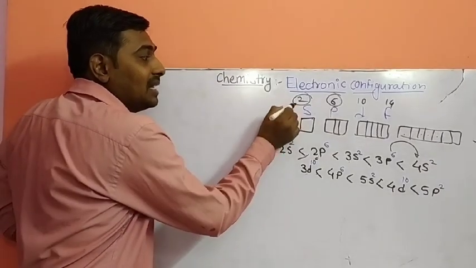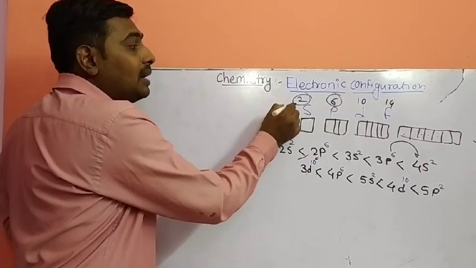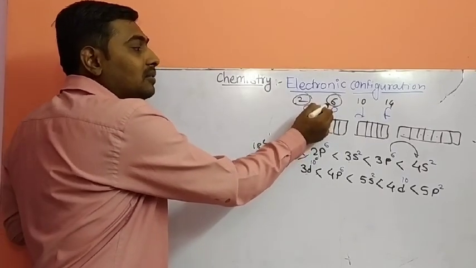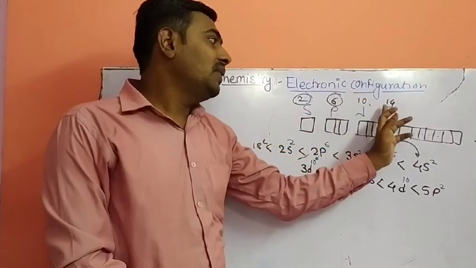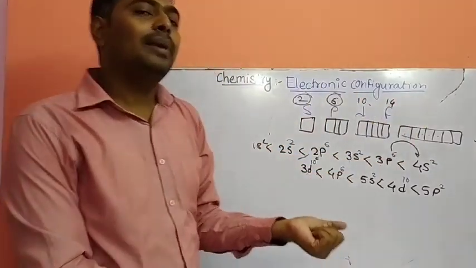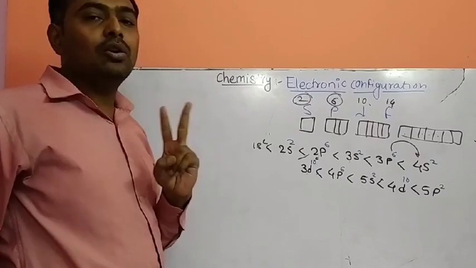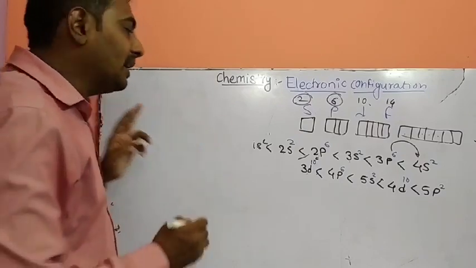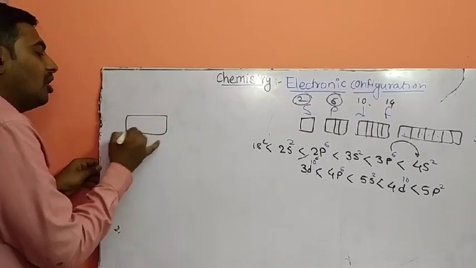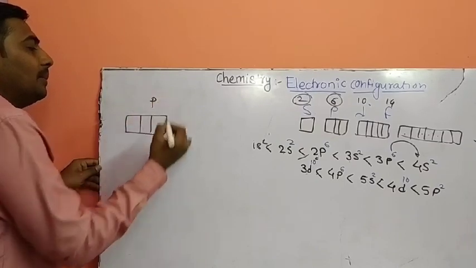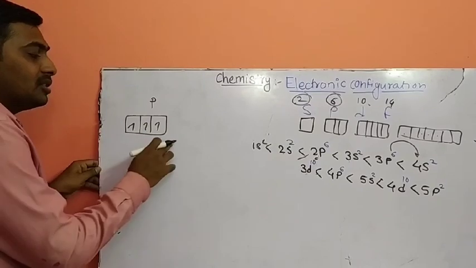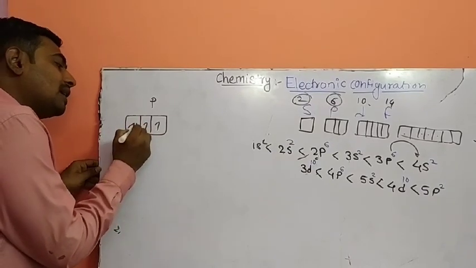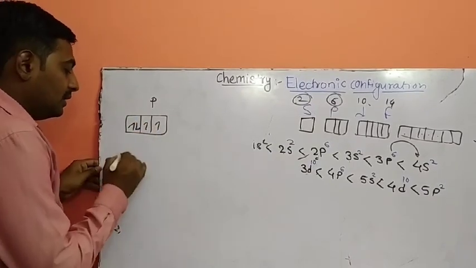After the capacity of the lower orbital is filled, the electron enters the higher orbital. After the d orbital is filled, the electron enters the f orbital. The second rule which we have studied is pairing of electrons. If this is a p orbital, pairing of electrons will start when all orbitals are half filled.